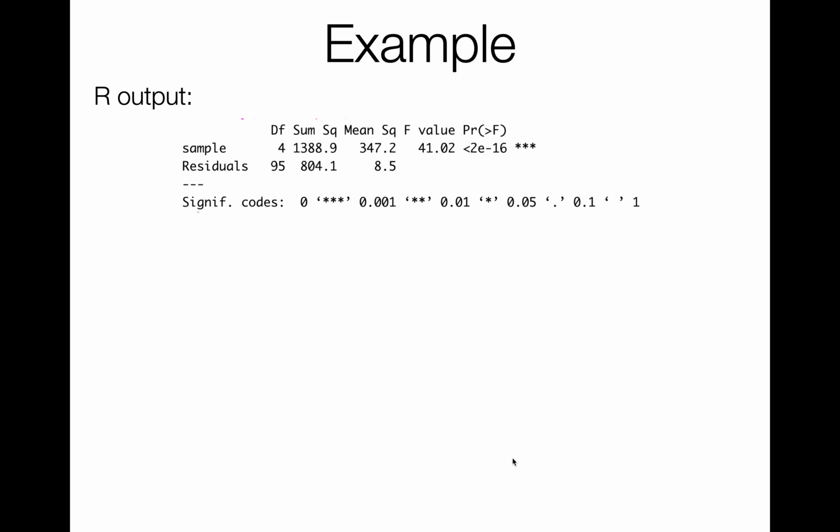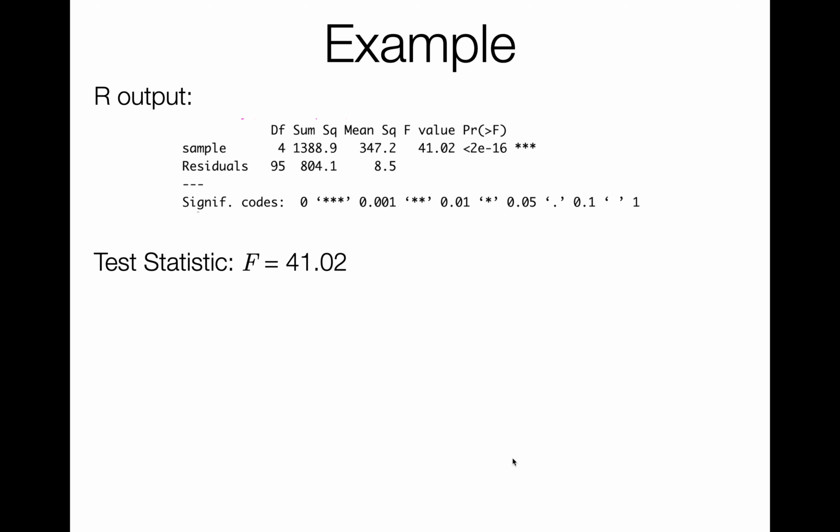And then the F value is formed by dividing the two mean squares. So 347.2 divided by 8.5 is equal to 41.02. Each of them builds on top of the other. Then you compare that F value of 41 to the hypothetical F distribution with 4 and 95 degrees of freedom, and you get that it is extremely unlikely to see that F value. So the test statistic is 41.02.